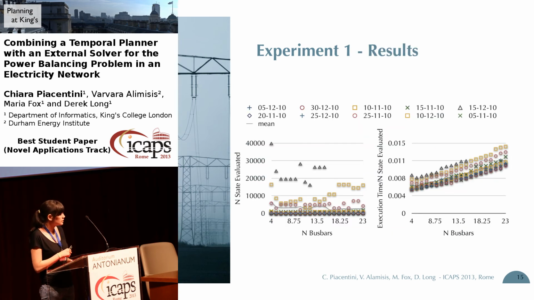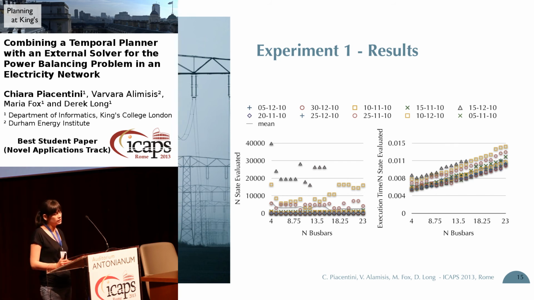So in this slide, I show you on the left plot the number of states evaluated as a function of the number of bus bars for the different load profiles that we have considered. So we can see that increasing the number of bus bars, the planner on average evaluated the same number of states. What changes is the execution time over the number of states evaluated.